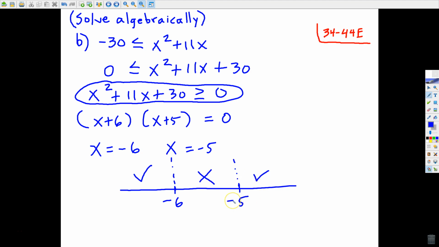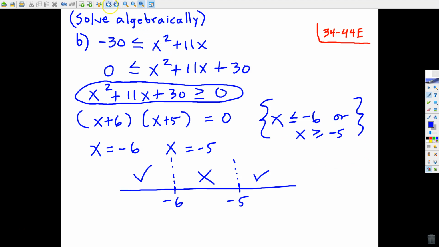And so we actually have a union of two different sets of numbers that represent our answer. So all of the numbers less than or equal to -6 are part of the solution. Or we could also have all of the numbers greater than or equal to -5.